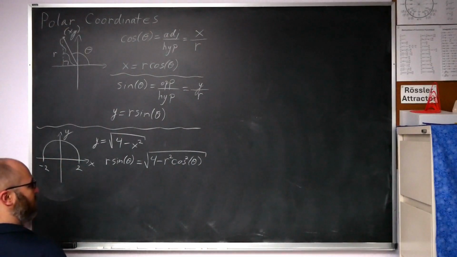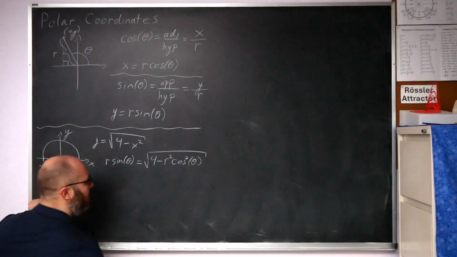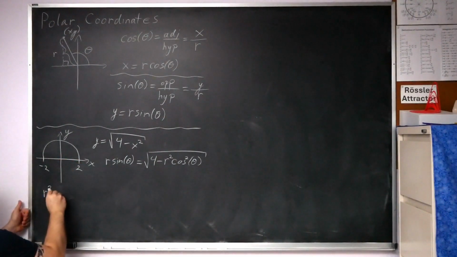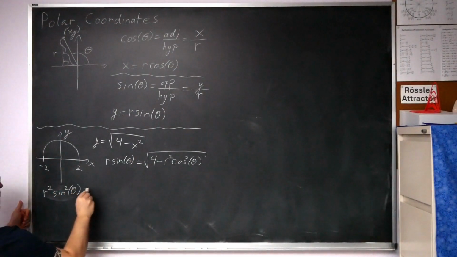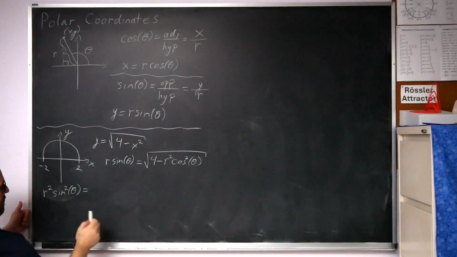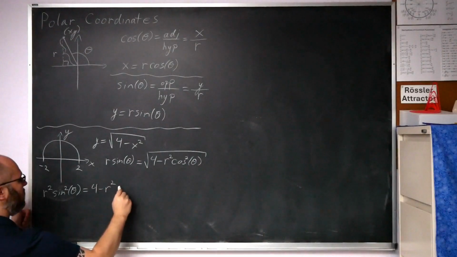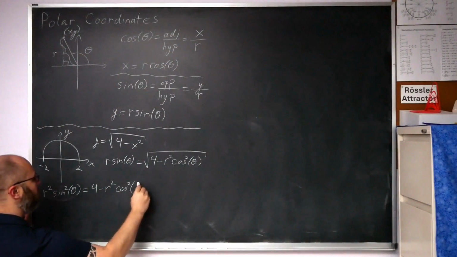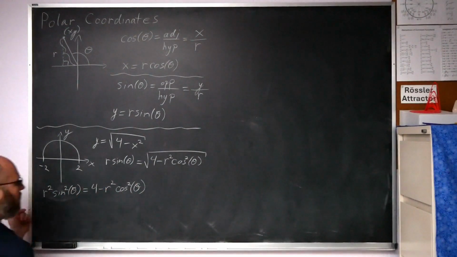All right, well, let's go ahead and square both sides. So that's going to end up with r squared sine squared theta equal to, I've squared the square root, they cancel out, so we get 4 minus r squared cosine squared of theta.